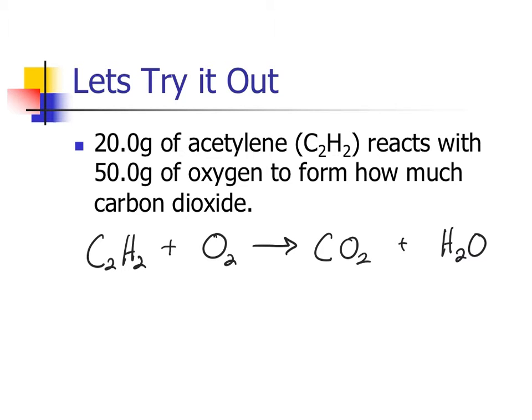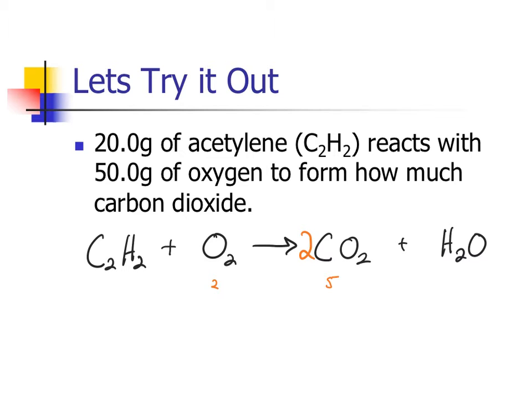I'm just going to go through and balance. So if I put a 2 there, that should balance out the number of carbon, and my hydrogen is already balanced. However, I do see that my oxygen is 5 total over here and just 2. Well, that doesn't match out really nicely. So how do I do that?